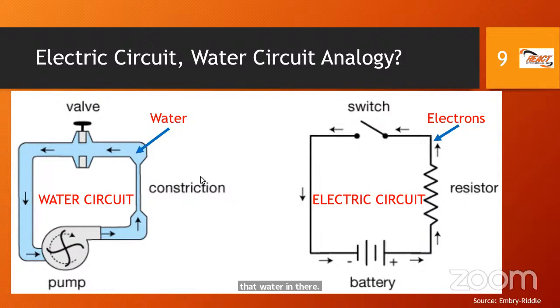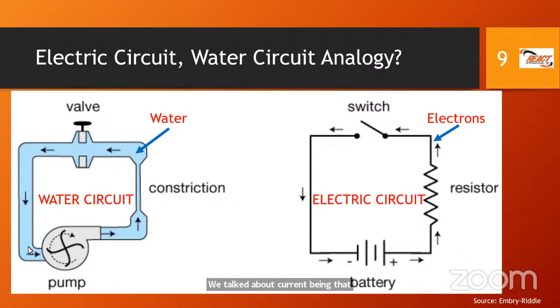So hopefully this will give us a basic idea as to the concepts that we're talking about. And we talked about voltage as the force or the pressure of the battery sending out the electrons into the circuit, just like a pump will in the water circuit. We talked about current being that flow of the electrons in the electric circuit.